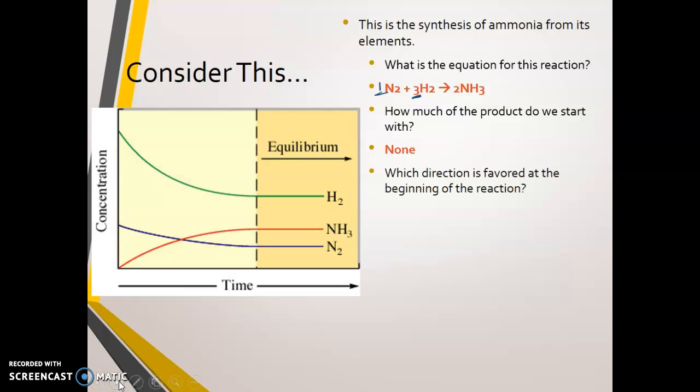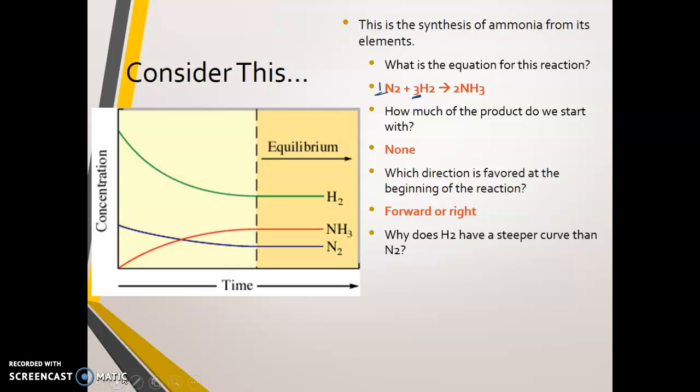Which direction is favored at the beginning of the reaction? Well, if we don't have any product, it can't favor the reverse direction. So it is going to favor the forward direction, or to the right. Most of the time you hear favoring forward and reverse, but right to left is also appropriate.